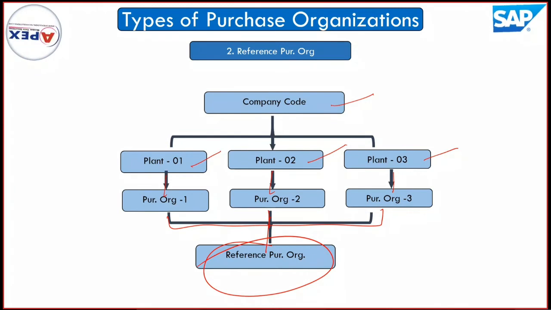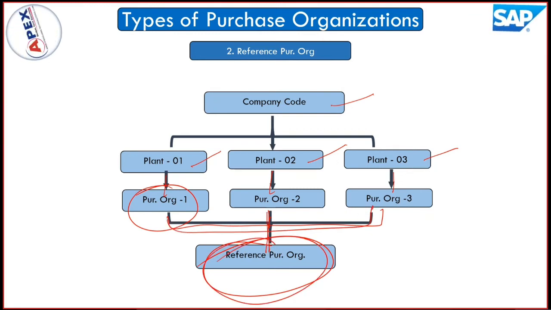In normal purchase organization, we have multiple plants with one purchase organization. In decentralized, for each specific plant we have a specific purchase organization. But here, for all the purchase organizations, we have one reference purchase organization. I will tell you why we need it. Whatever agreement has to be made with the purchase organizations will be done with this reference purchase organization.